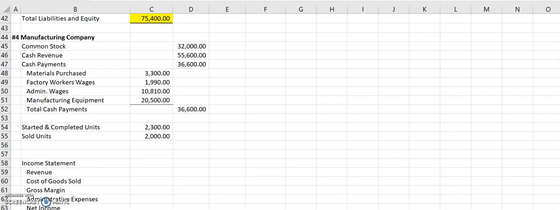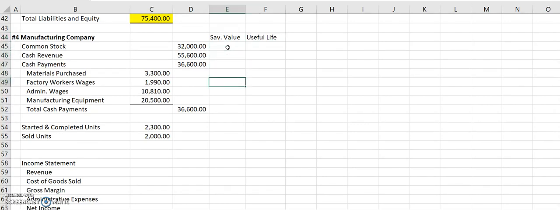We have our direct materials that we purchased, our factory worker wages, our administrative wages, as well as the purchase of our manufacturing equipment. So again, we're going to need to look at our depreciation expense for our equipment. The only equipment we have is this manufacturing equipment, but let's take a look at how that comes together. So again, the salvage value as well as its useful life.